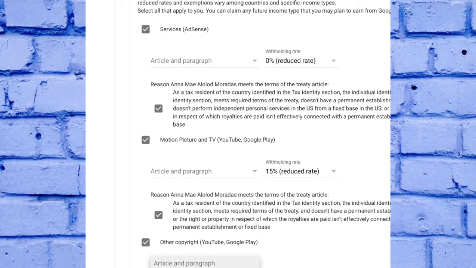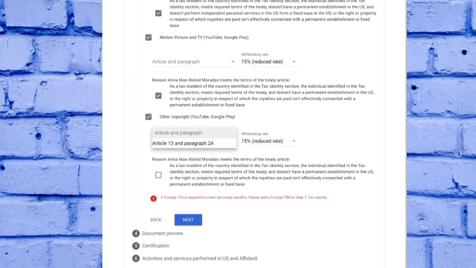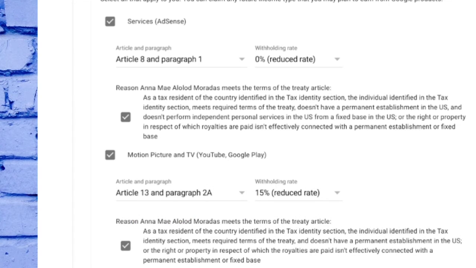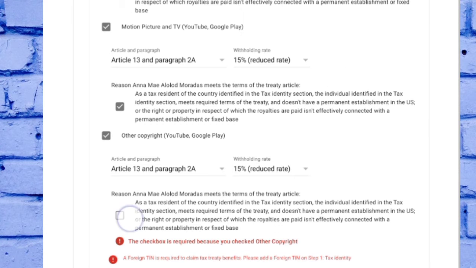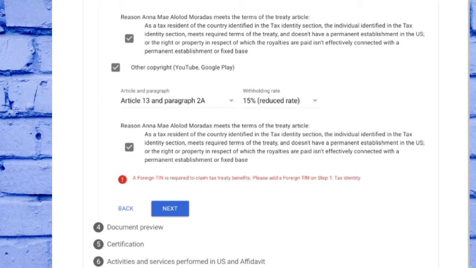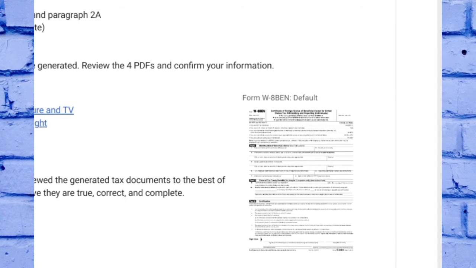Then, ito natin next. Yan, check natin daw yan. So, next na po. Ang hirap talaga nito, no? So, this is the document.